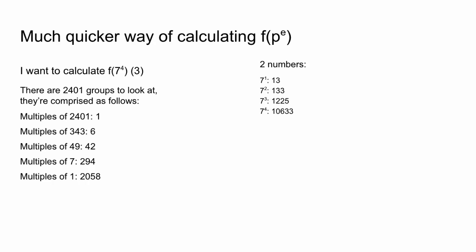The group that is a multiple of 2,401 will contain 5,764,801 multiples, because every number in this group is being multiplied by 2,401. And so there will be 2,401 squared numbers that are multiples of 2,401.